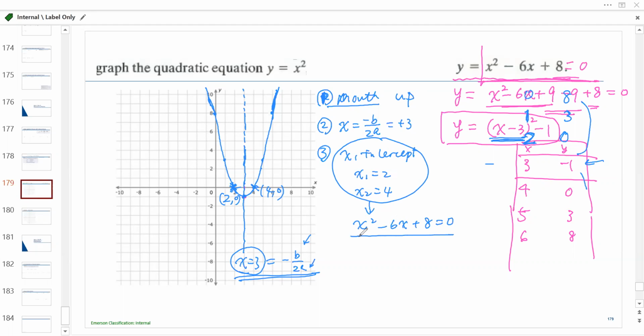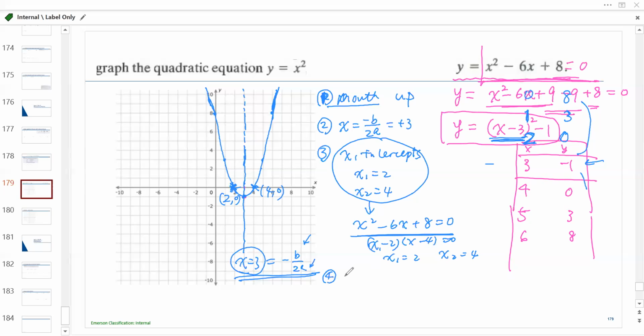So we can use the quadratic formula to get it. Also, we can use the factoring method if you can factor, right? So (x minus 2)(x minus 4) equals 0. So one of the points is (2, 0), the other is (4, 0). So the points here are the x-intercepts. Actually, just make this part become 0, so you can get 2 values.